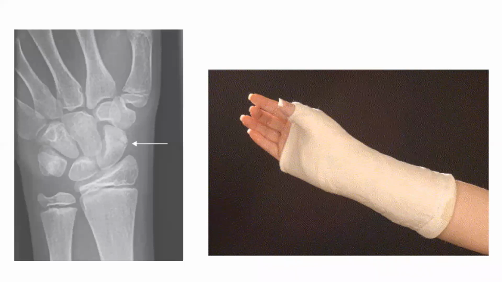It's a scaphoid fracture. This is a distal end fracture of the scaphoid bone. The scaphoid bone gets its blood supply from the distal end in a retrograde manner to the proximal end.